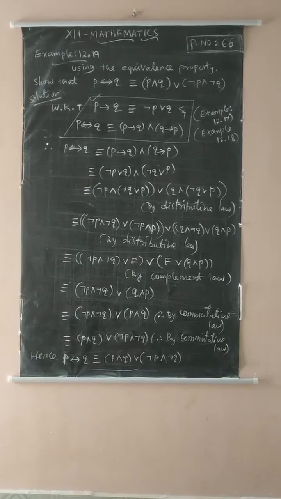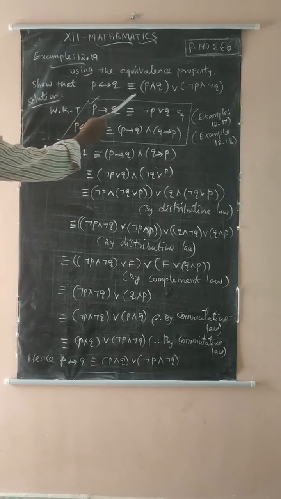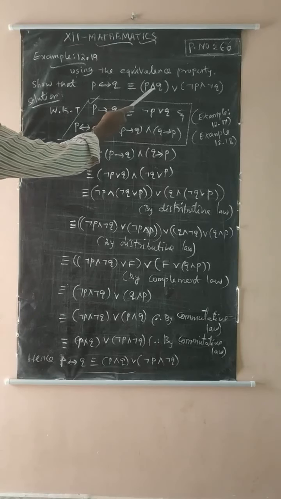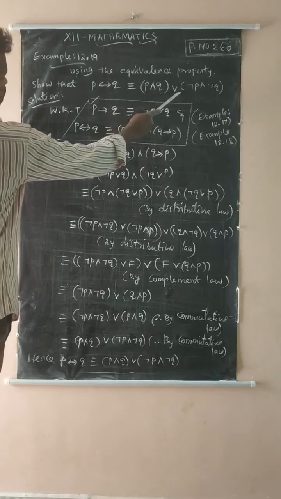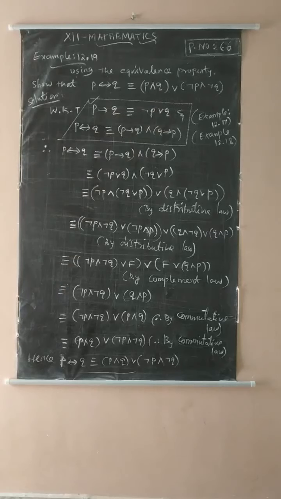Students, now see example 19. Using the equivalence property, show that P biconditional to Q is equivalent to P and Q or negation P and negation Q. Solution.